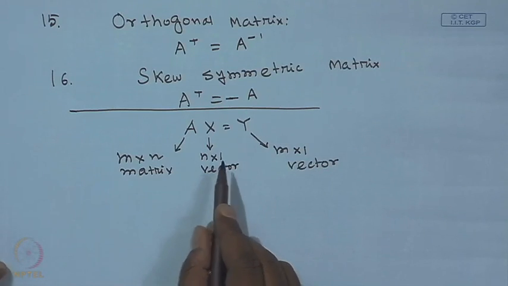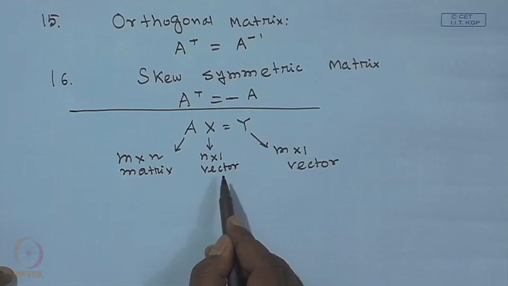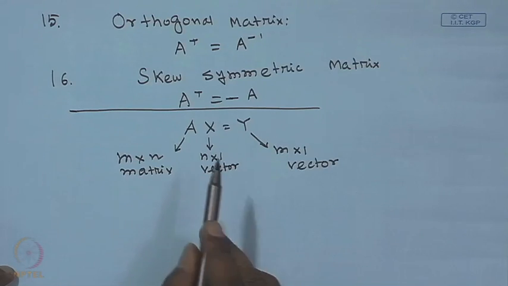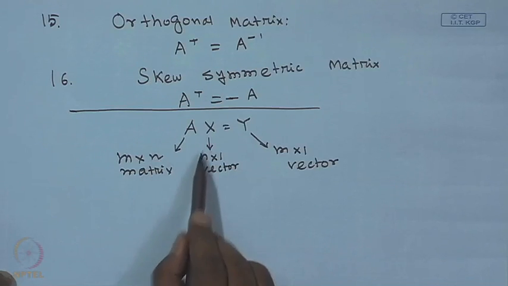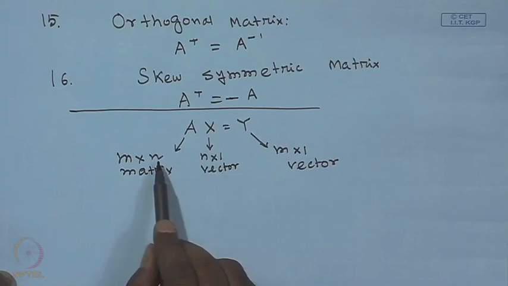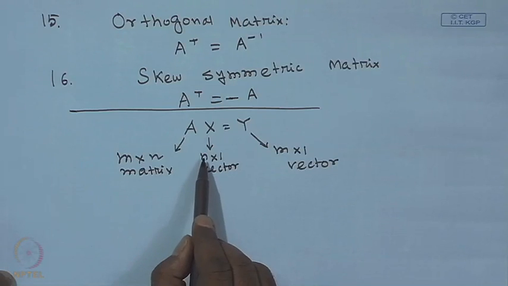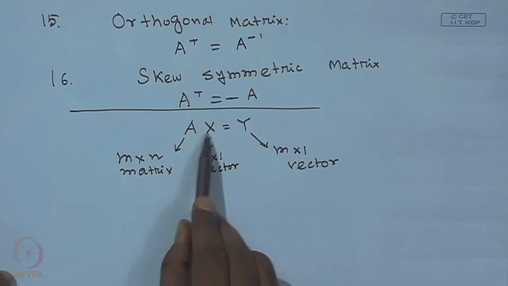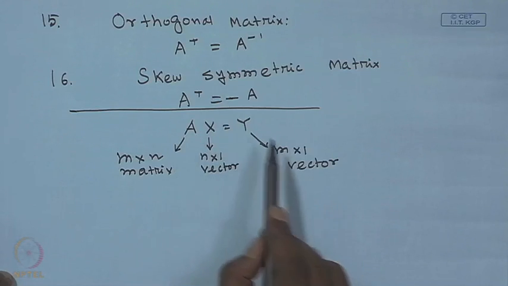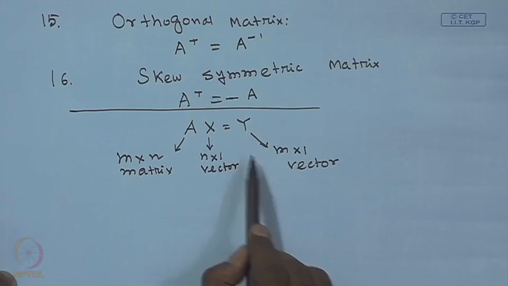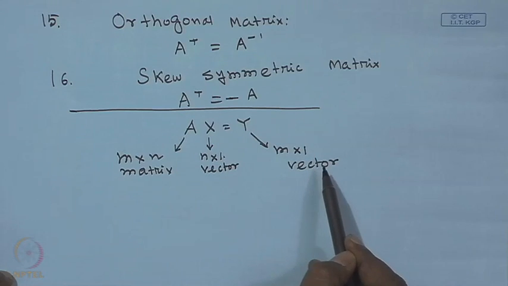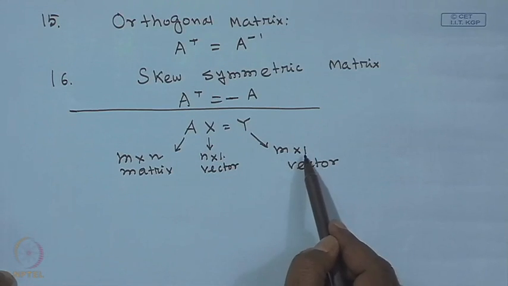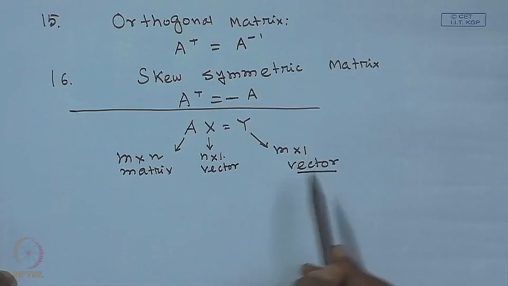So, this vector is basically a special matrix where the number of columns is 1. When you talk about A and x, the number of columns of this matrix is equal to the number of rows of this vector. So, they are conformable. So, if their multiplication is allowed, then you will get another vector of size m cross 1. So, it becomes a special form of matrix known as the vector.